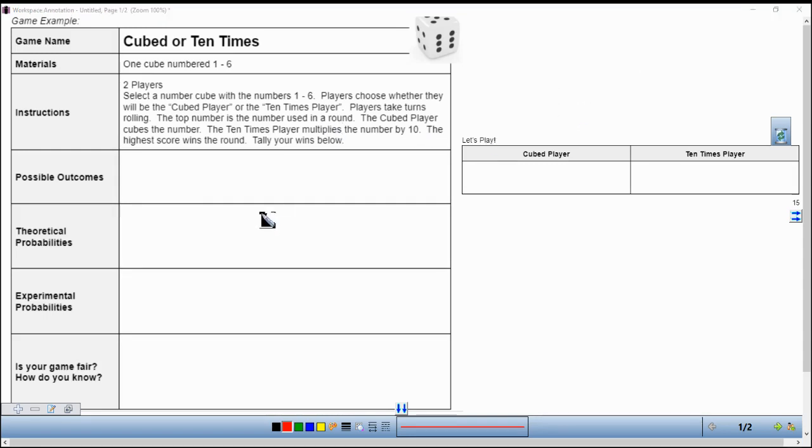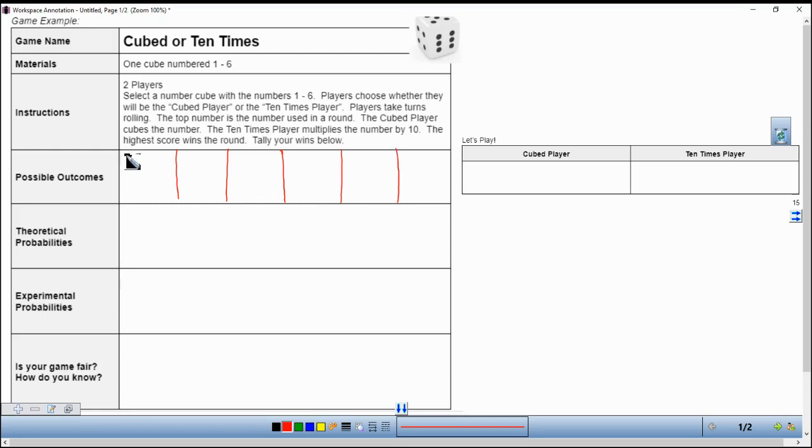So if we're using a dice or a number cube, the possible outcomes, and I'm going to set this up in a different way, are 1 through 6, right? So we have 6 different outcomes. So I'm going to split this bar into 6 sections, 3 on each side.